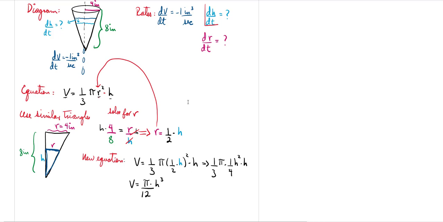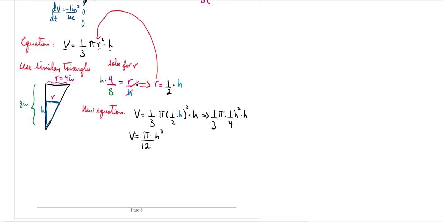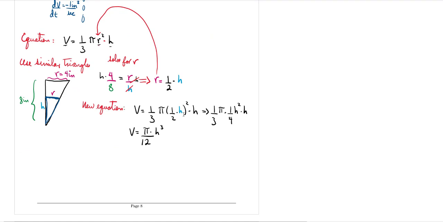Now, this volume equation is looking a lot simpler than the one we started off with. And the beauty of it is that now we see that the volume only depends on the height of the cone, not the radius. So with that said, now we can find the derivatives. So I'll put here differentiate.